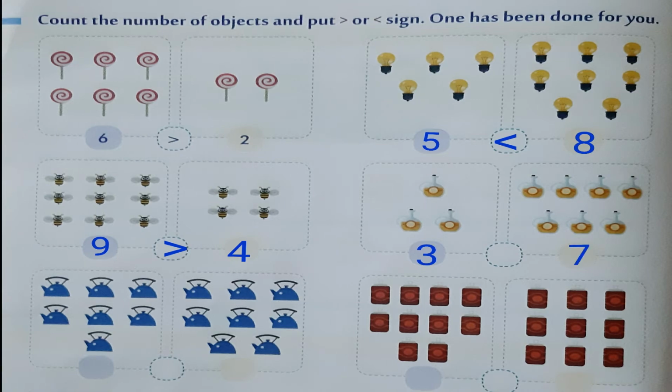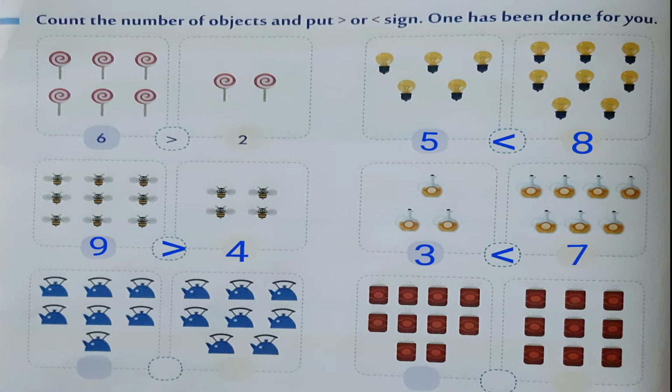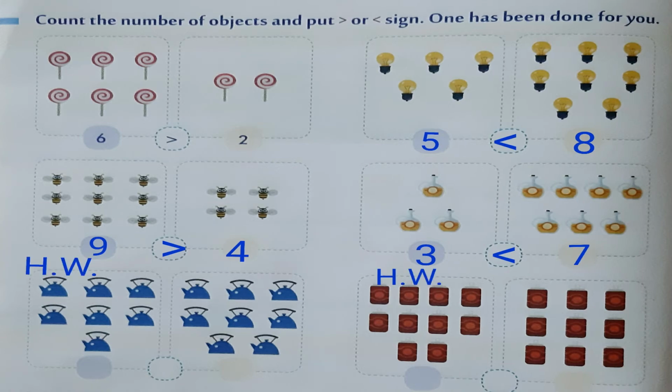So write there 7. Here the jugs in the first group are lesser than the jugs in the second group. So here 3 is lesser than 7. So we have to keep the lesser than sign. And next 2 are the homework.